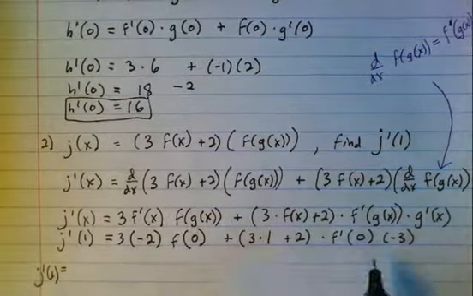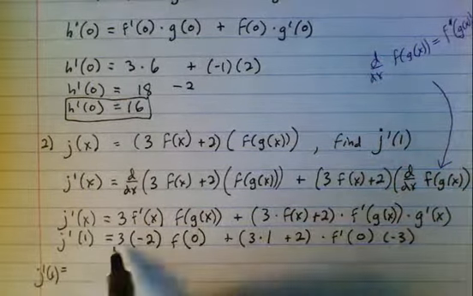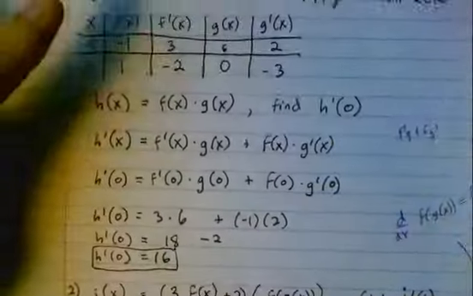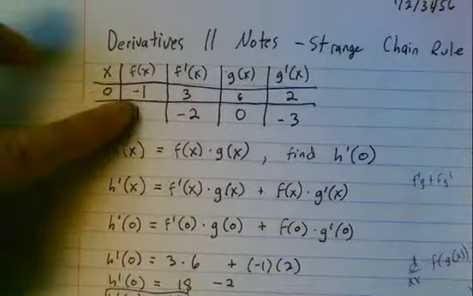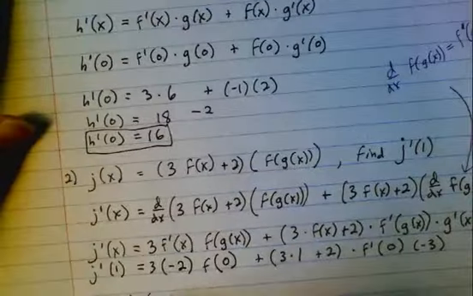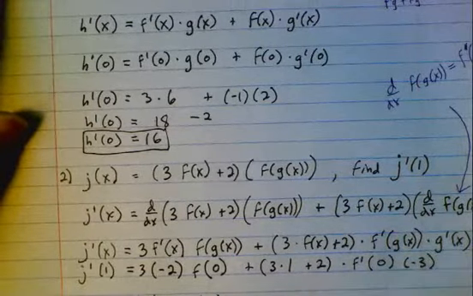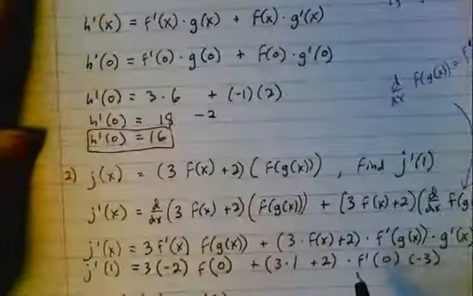Let's go back and fill in these last two. So we've got 3 times negative 2 is negative 6. When x was 0, f of x was negative 1. 3 times 1 is 3, plus 2 is 5. F prime of 0 was 3.